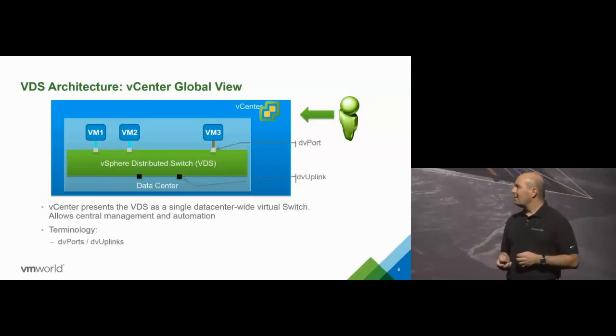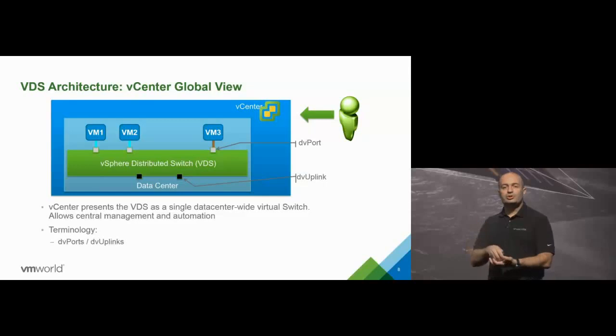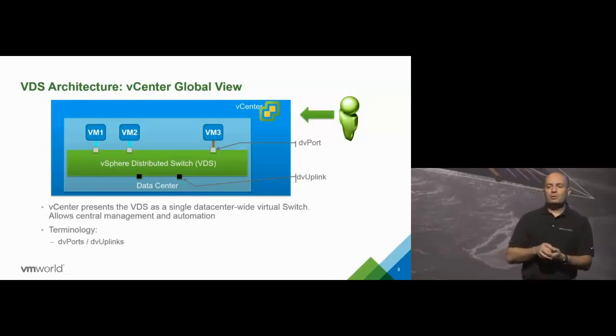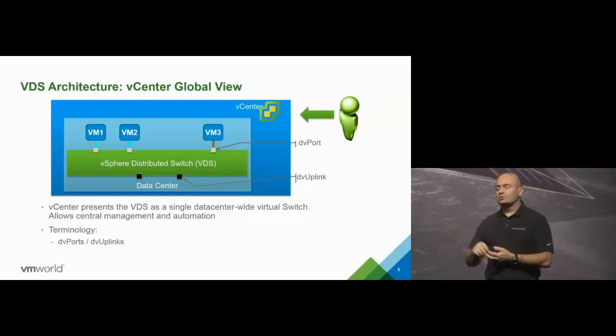Some few terms that, again, I'm sure you know, that I'm going to go over very quickly. A DV port is a port where a virtual machine attaches on this vDS. That's probably the most important concept here. We also have a DV uplink, which is new in the vDS, and that represents the connectivity of this virtual switch to the physical world.